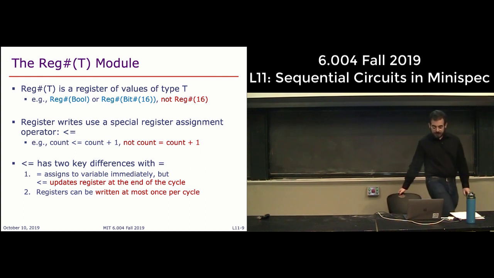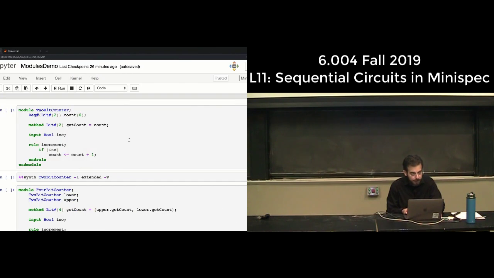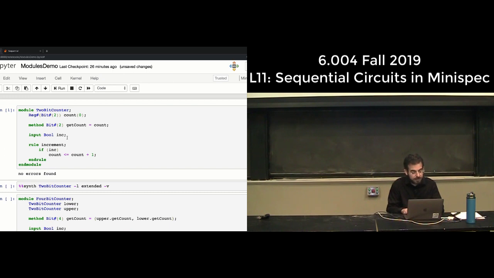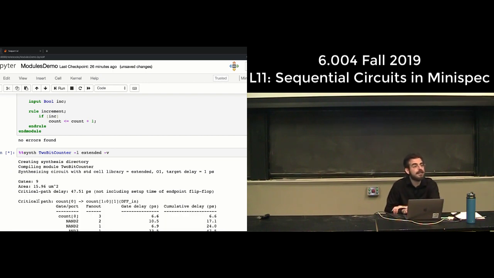Okay, so let's see this in a little bit more detail. Let's go back to the example, the 2-bit counter example, and I have a little demo here. So this is the same code that we've seen. And the advantage of writing this is that we can run it. So this is valid. We don't get any errors, and then we can synthesize it, just like we synthesize functions.